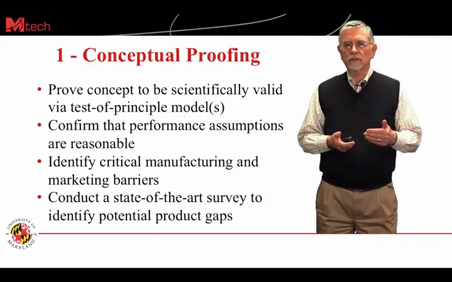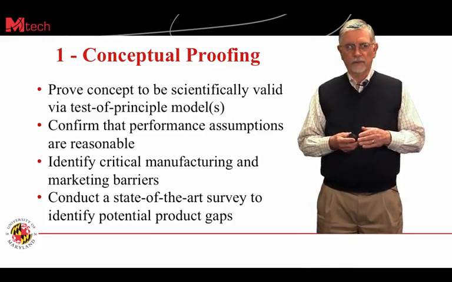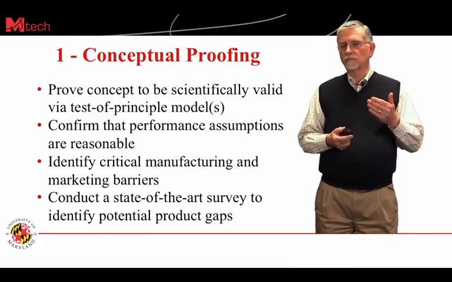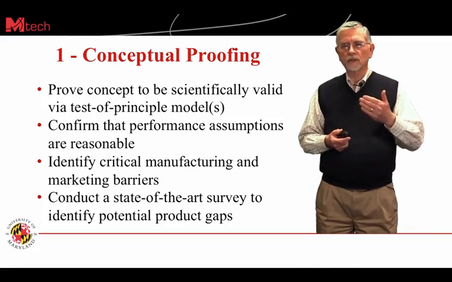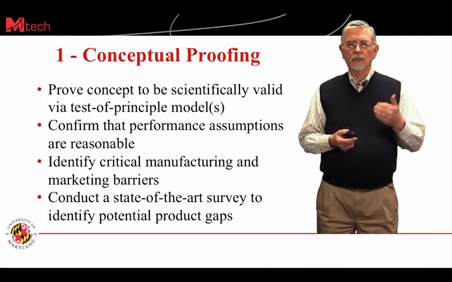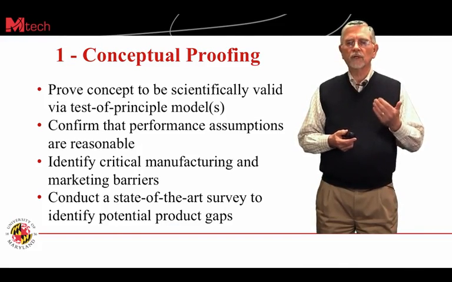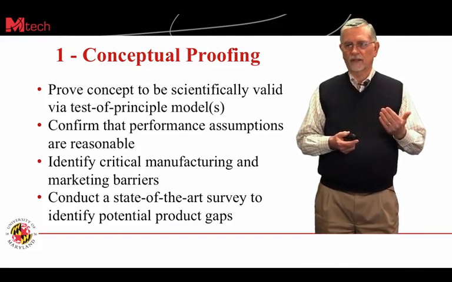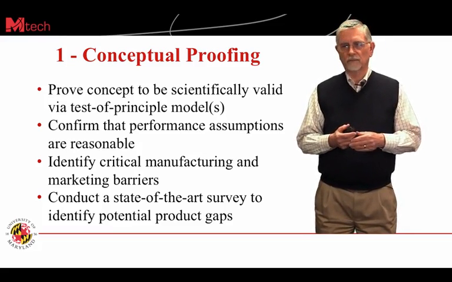So let's start with the first stage, which we could call conceptual proofing. So this is taking the idea that somebody sees, the marketing department sees, or it comes out of an engineering lab, research and development lab, and so the idea is to prove the concept to be scientifically valid using what they call a test of principle model.